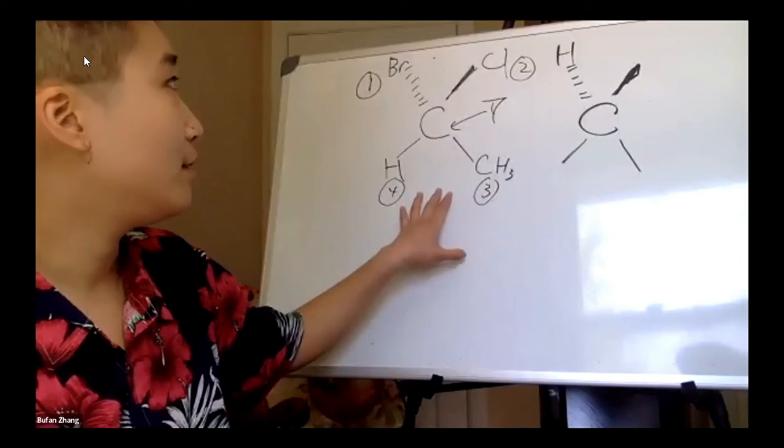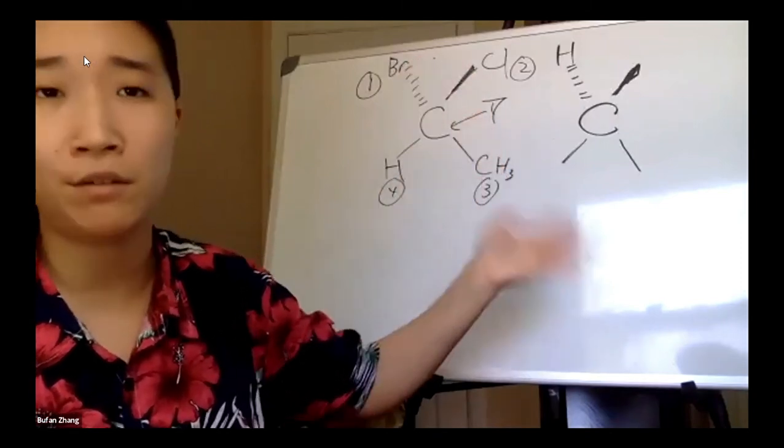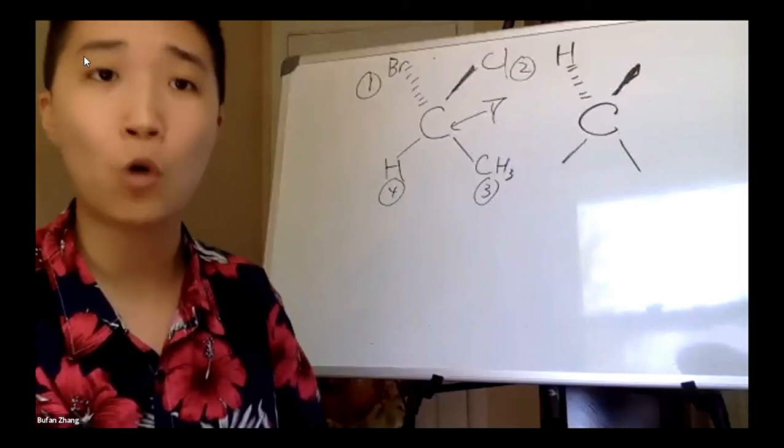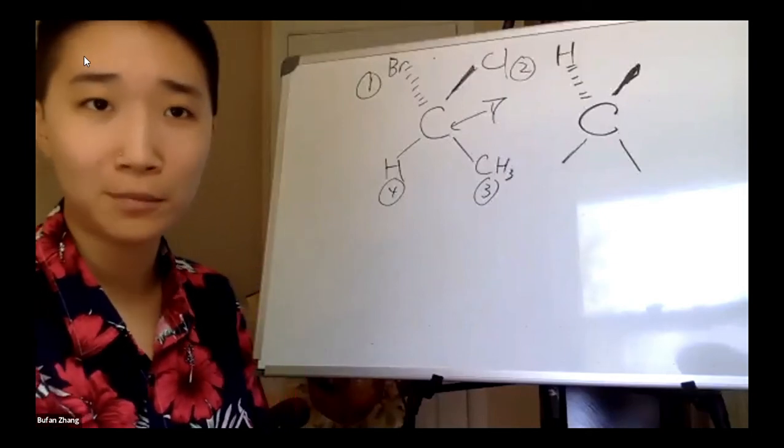So is it always going to be the case that if you put H in the back, then the CH3 has to go in the front? They have to stay on the same plane, right? You're absolutely right. If my H is going in or out of the board, my CH3 has to go in and out of the board as well. Got you. Thank you. You're welcome.